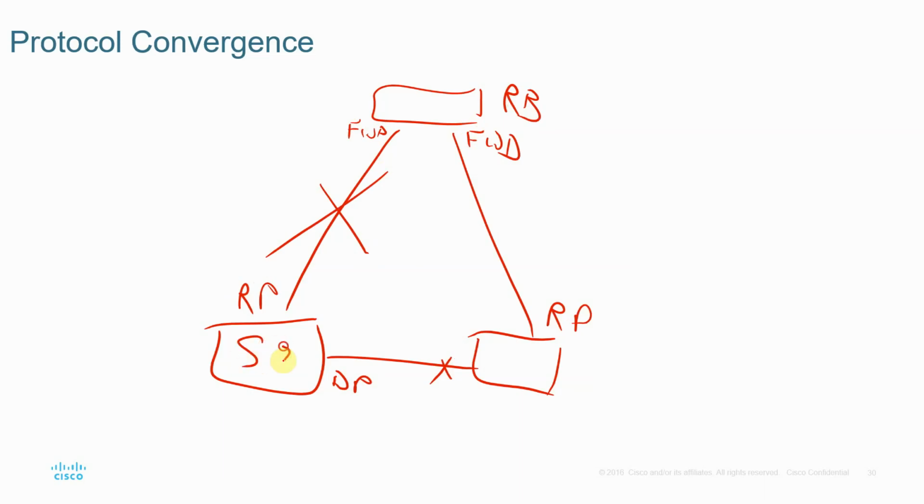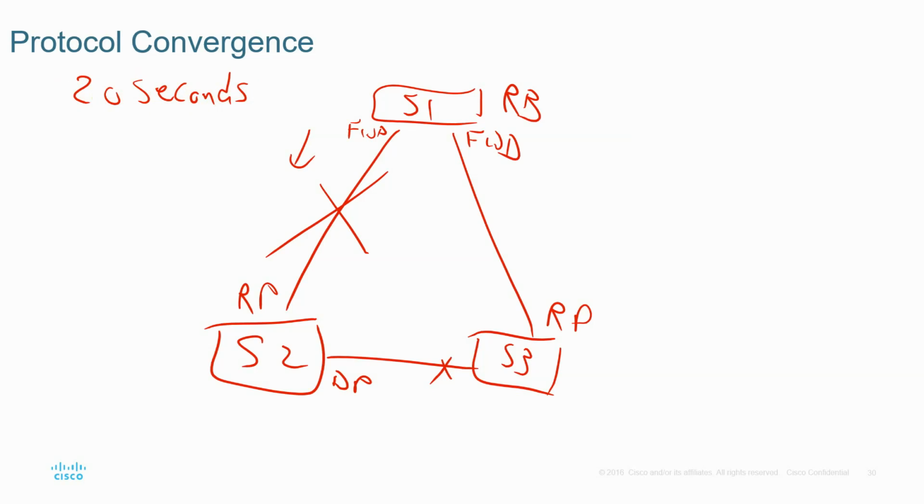How would switch S2 detect this failure? Basically, S1 will be sending hello messages every 2 seconds. And so S2 will have to wait for max age. It has to wait for 20 seconds until it determines that the link between S2 and S1 is no longer active. It has to wait for 10 hello messages not to arrive.